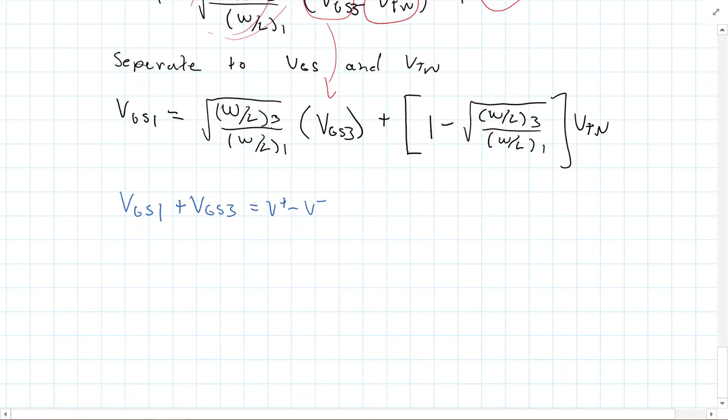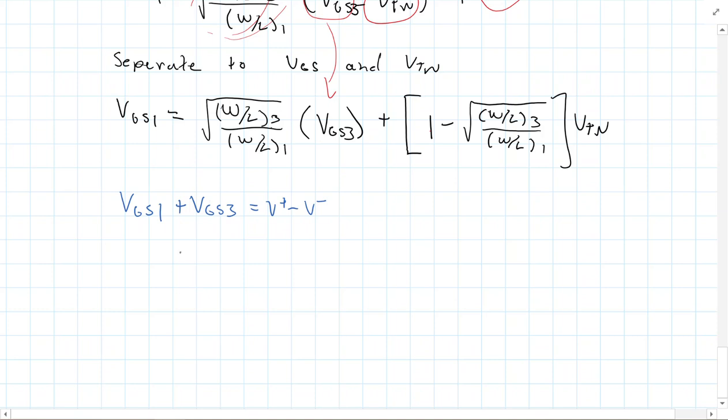And so what are we going to do here? Well, now we're going to plug these terms into this equation up here. I'm not going to go through all of the details, because basically we're going to be substituting this into here. In other words, you're going to solve for VGS3.